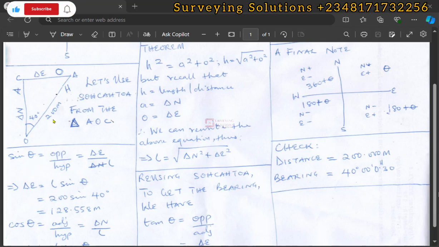So if we now try to apply it to our right angle triangle, the opposite is always the side that is opposite the angle. That's a very simple way to remember what the opposite is, right? Good. So if we have the angle to be 40 here, in our case it was a bearing, but let's still call it an angle now.